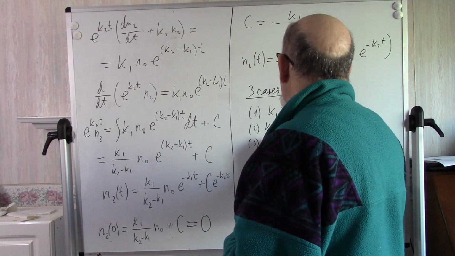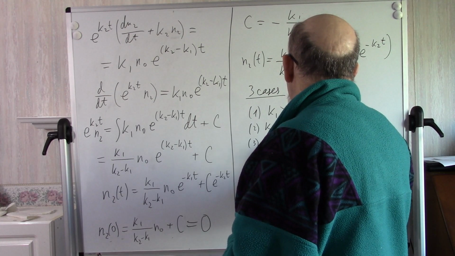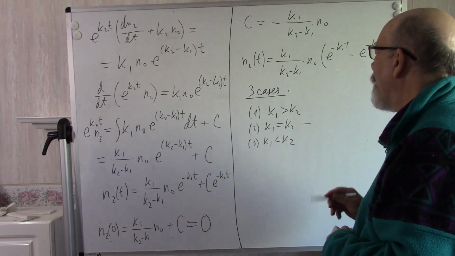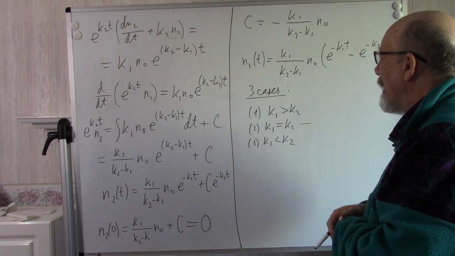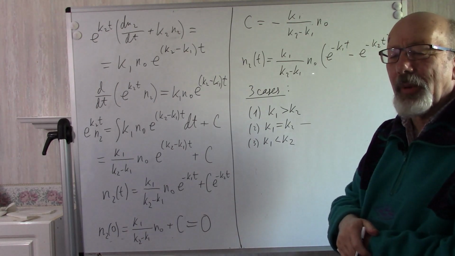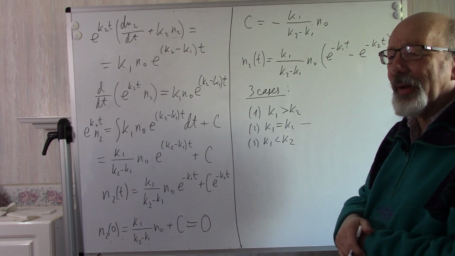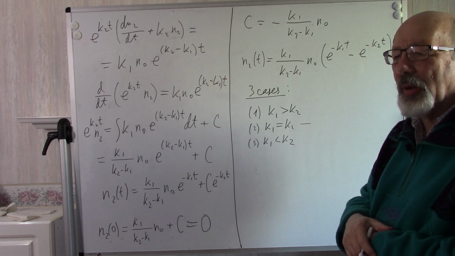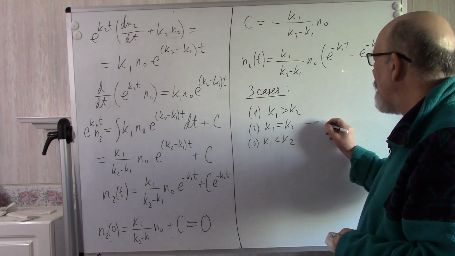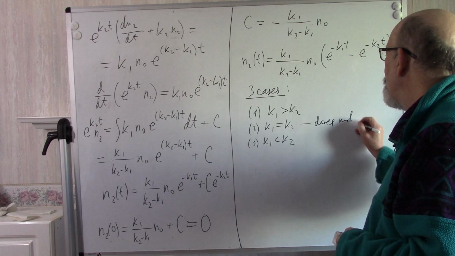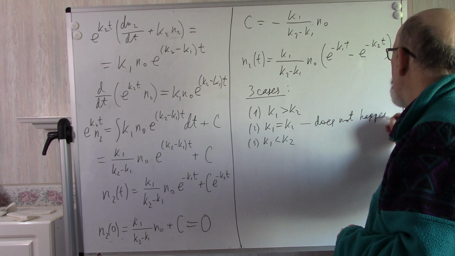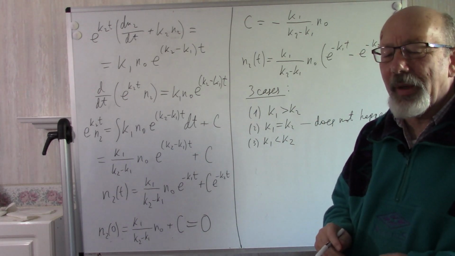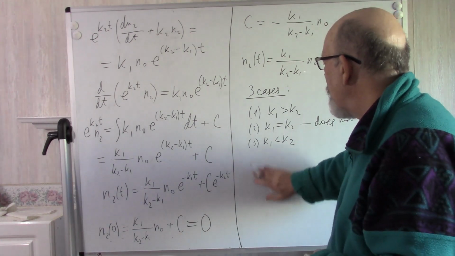Case 3, k1 less than k2. Case number 2 is very rare. In fact, the probability is 0, and I would say that no two radioactive substances have equal rate of decay. So it does not happen, and we don't consider this.